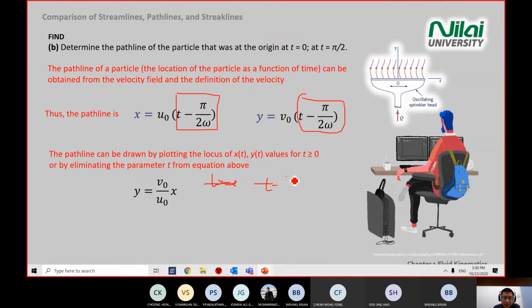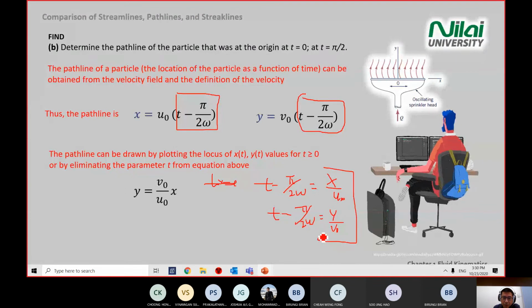t minus pi divided by 2w equal, you rewrite this equation equal to x divided by u naught, u0. Here on the y component also same, t minus pi divided by 2w equal to y divided by v0.